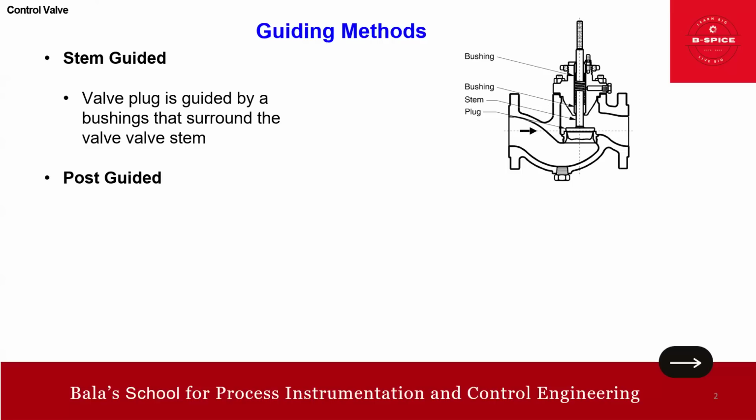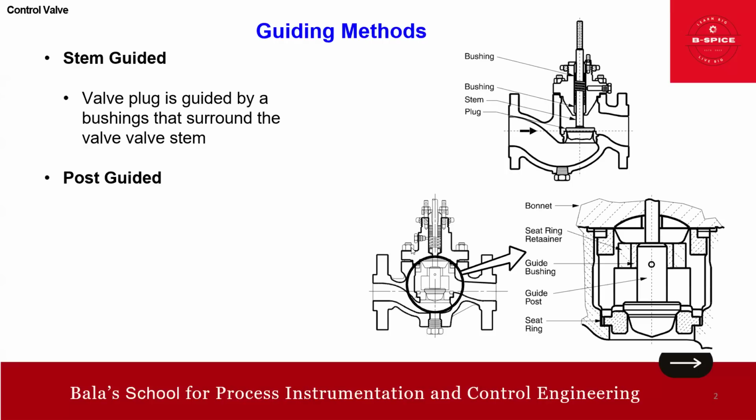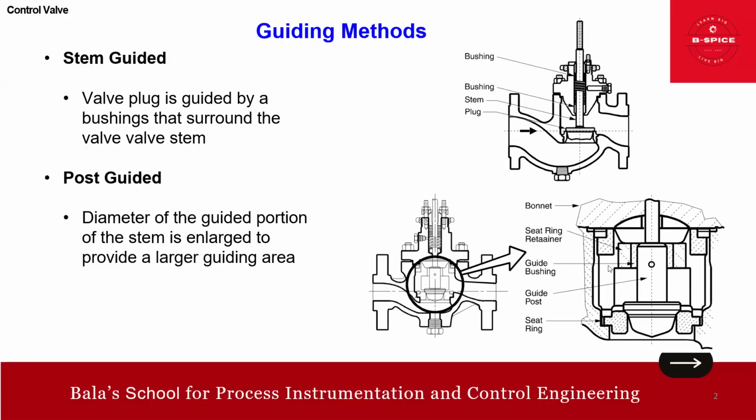What is post guided? You can see here, friends, this is the bottom portion of this. Maybe I'll explain this first. This is your bonnet. This is your seat ring retainer. Just watch out for this. And this is your guide bushing. This is the guide post.